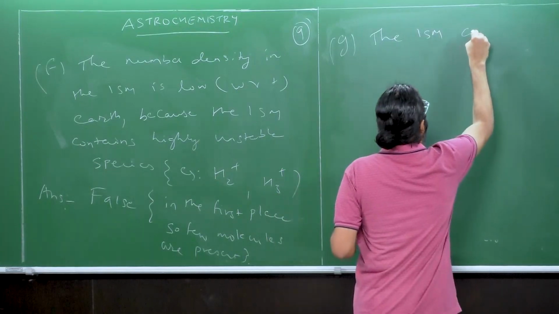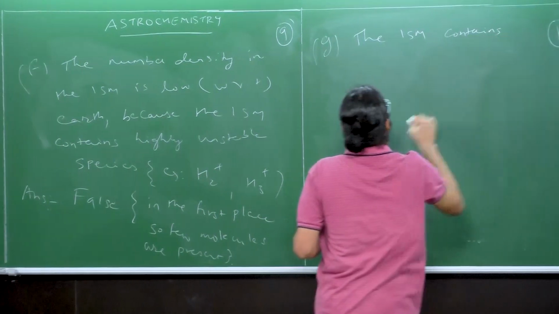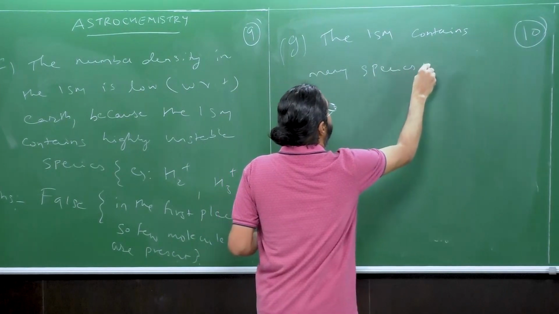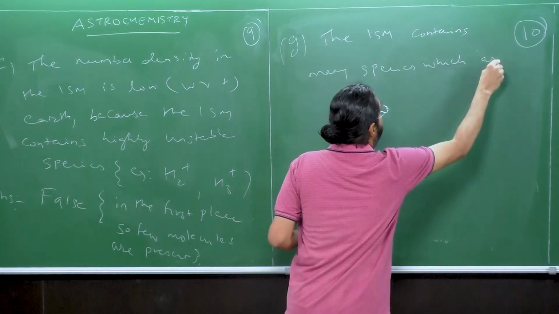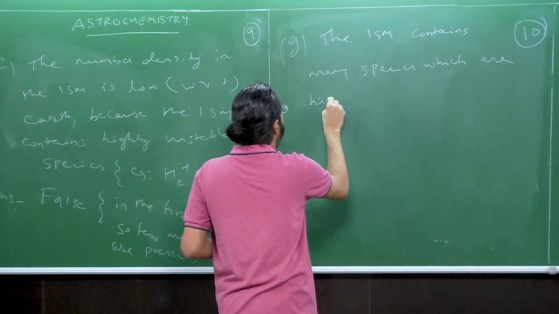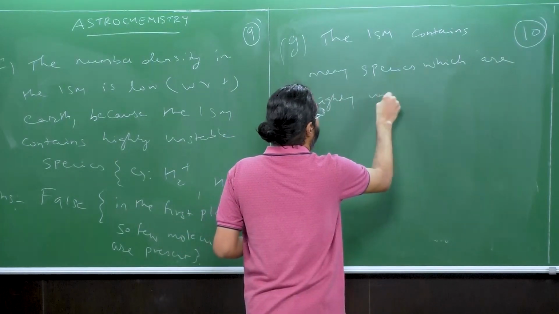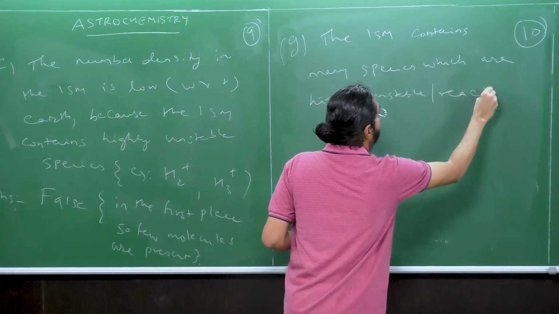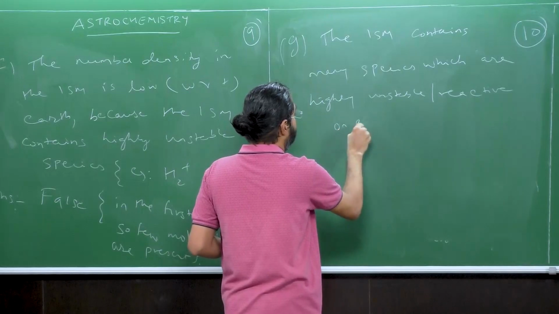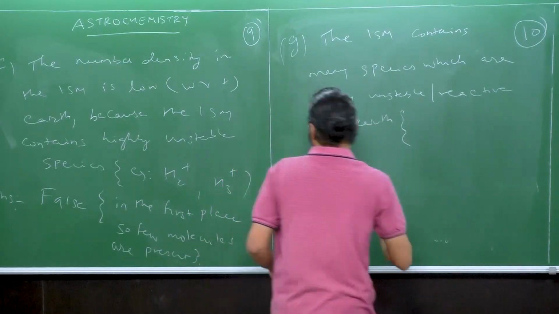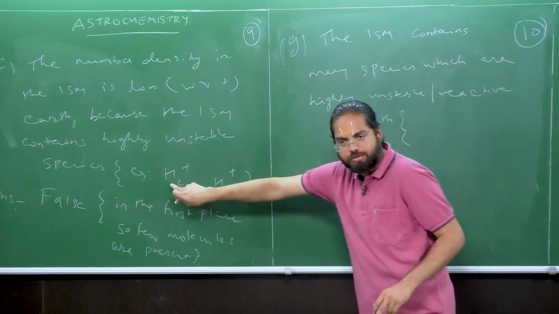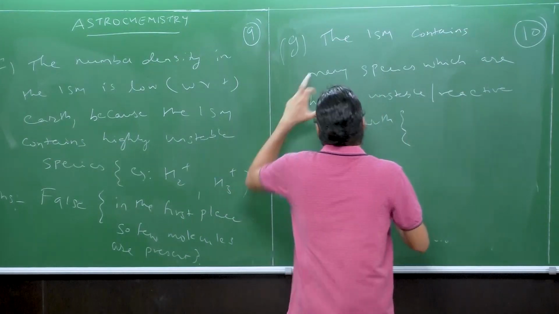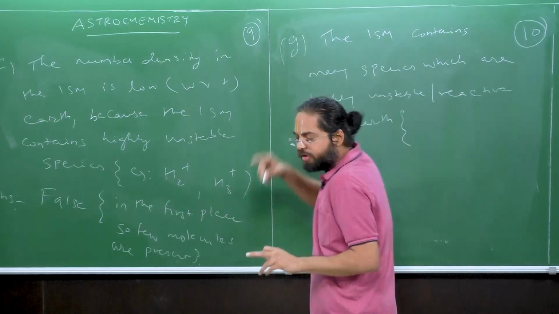The ISM contains many species which are highly unstable and reactive on Earth. For example, the same examples that we saw in the last question, H2 plus and H3 plus. Yeah, I can hear that the answer is of course going to be true, but we'll elaborate a concept based on this.